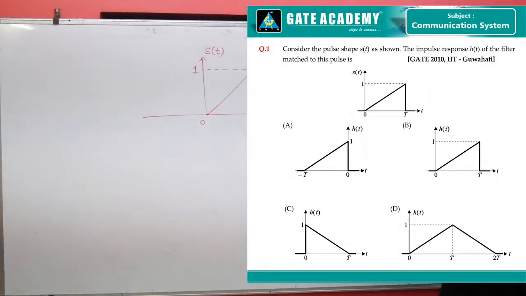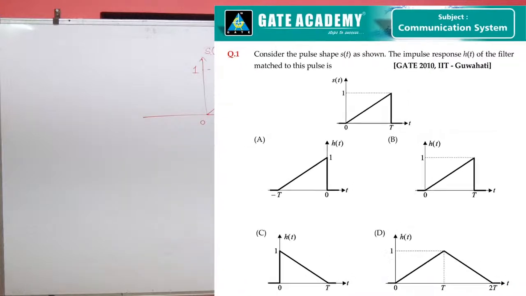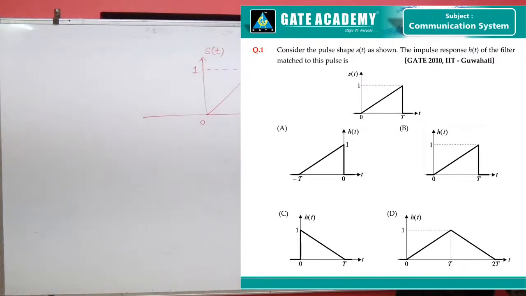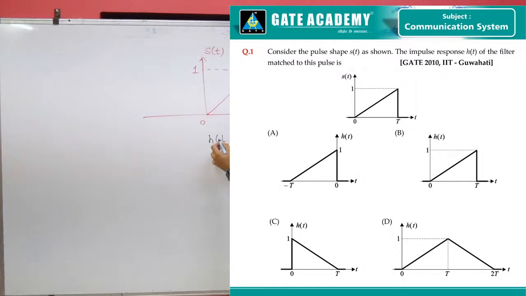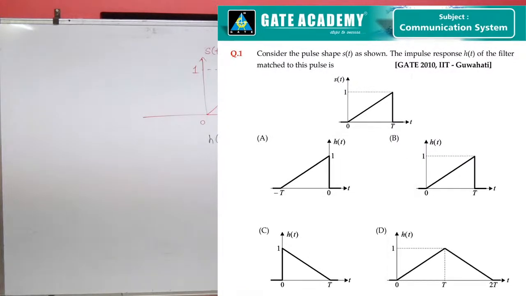In the question it is asking about the response of the match filter. So the response of the match filter is just, you have to draw h of t is equal to s of capital T minus small t.